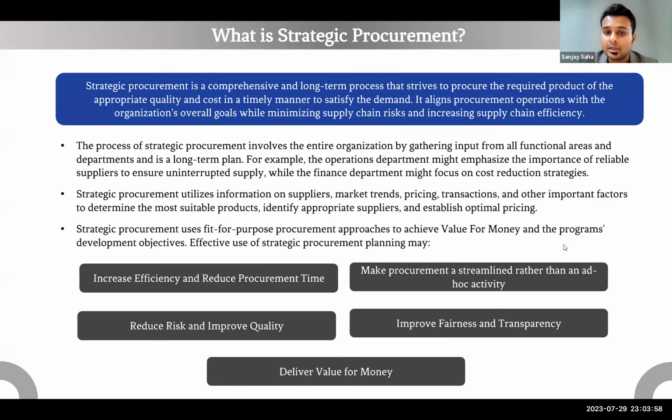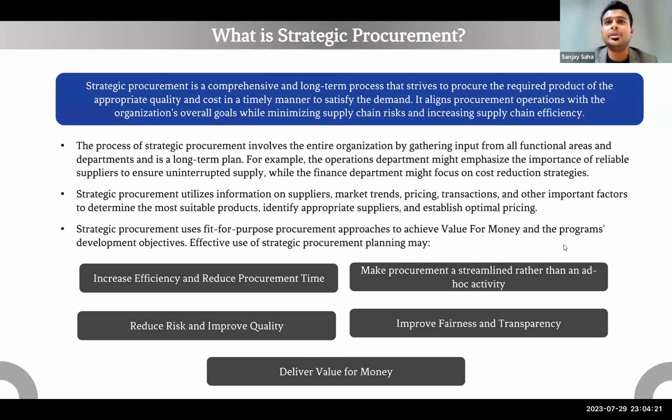The information that is required to create a procurement strategy or to institute a strategic procurement system should be taken from suppliers. Suppliers can give you information like what kind of products they have, and what prices they are selling those products at. You need information on market trends. Market trends can be multiple.